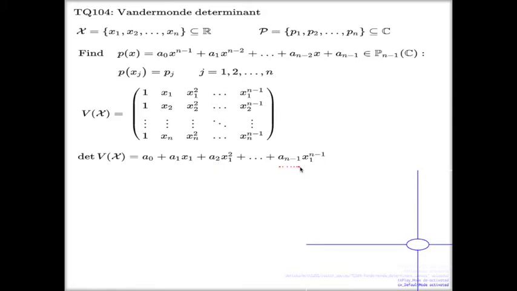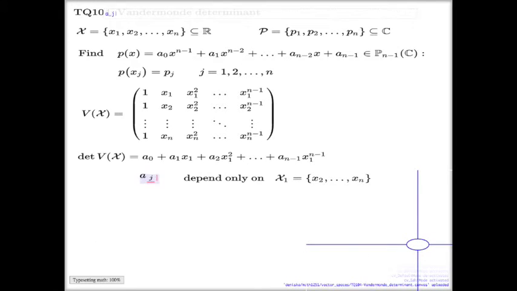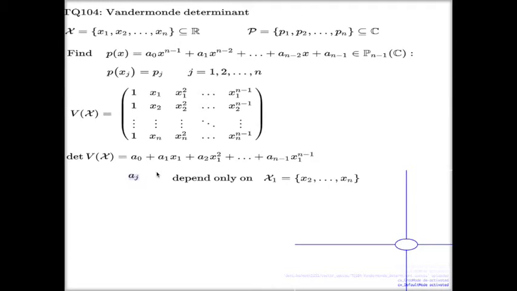But what I do know is that these symbols depend only on a smaller set of x points. Symbols Aj, for all of the j's, depend on a smaller set of numbers. That's the main thing I care about in the whole computation.